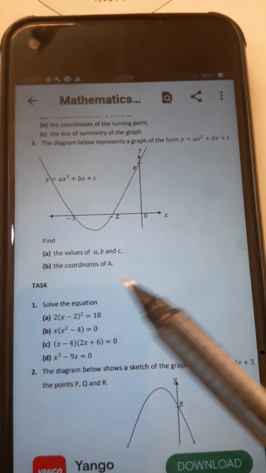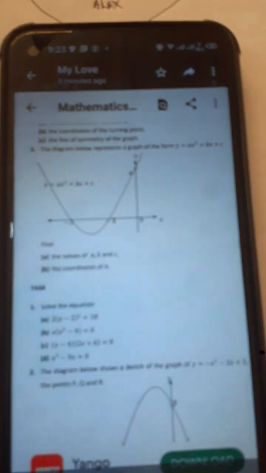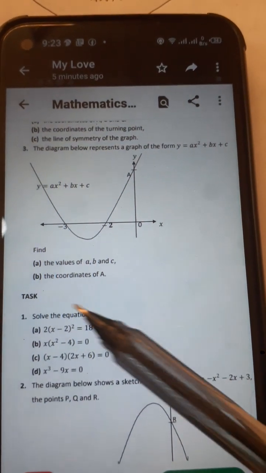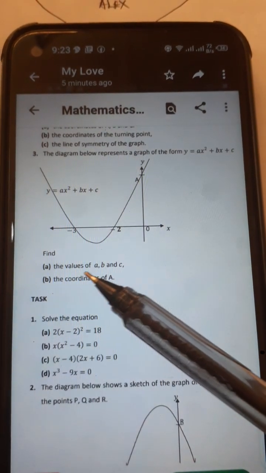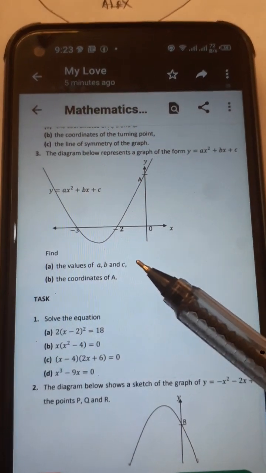Here we are told to find question part A. We have two parts, and for this video we are going to do part A. We're going to find the values of a, b, and c.